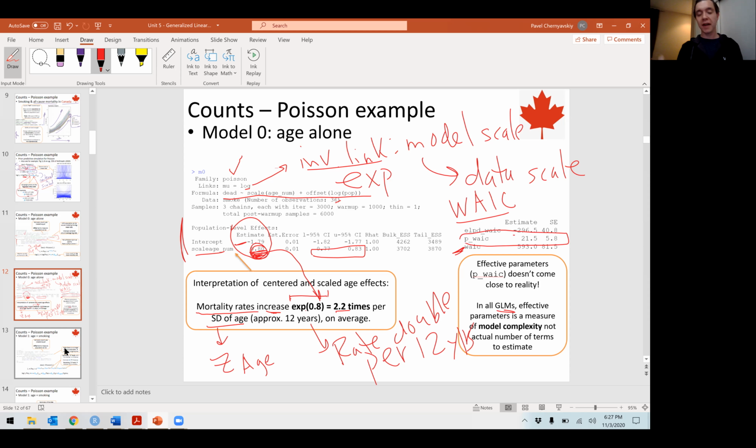Because 21.5 doesn't correspond at all to the two things you're actually trying to estimate: alpha, the intercept, and beta, the slope with respect to centered and scaled age. The model returns an effective number of parameters of 21.5, but in generalized linear models, this becomes a measure of model complexity. And so it too becomes comparative. Right? Plenty of new material.